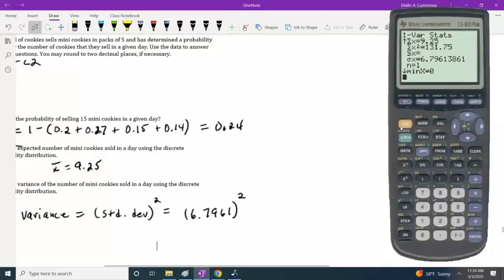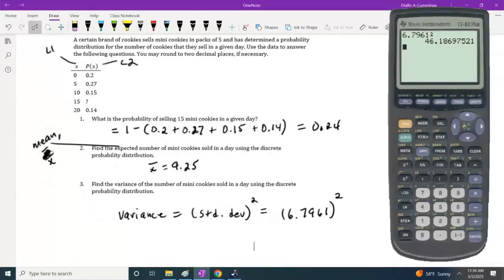So if we square the standard deviation, 6.7961 squared, rounded to 2 decimal places, is 46.19.